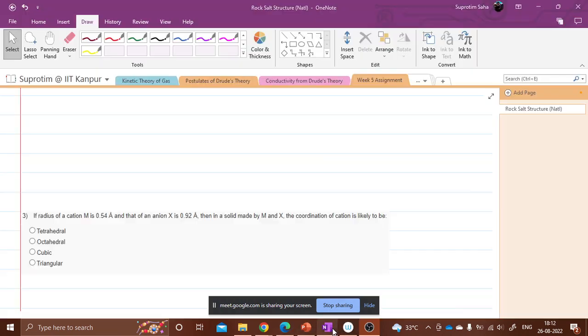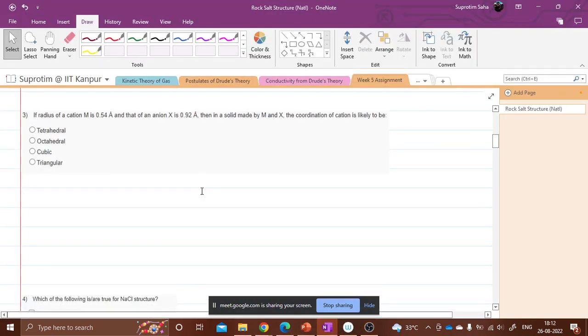Yes. So the third question: if the radius of a cation M is 0.54 angstrom and that of an anion X is 0.92 angstrom, then in a solid made by M and X, the coordination of the cation is likely to be. There's a rule that you must have seen in the video: depending on the ratio of the two radii of the cation and the anion, there's a predicted coordination number.